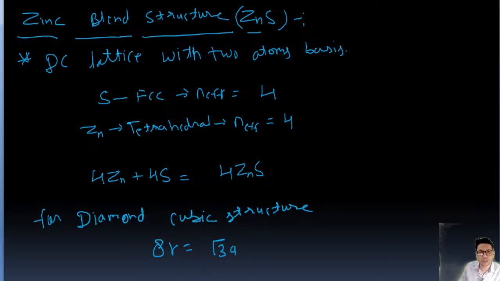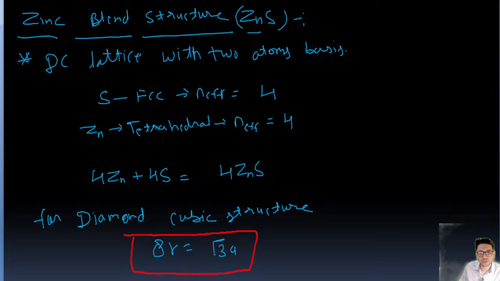I have already explained the diamond cubic structure in my previous lecture, and I have told you this is very important. So 8r equal to root 3 a, that's what we know here.